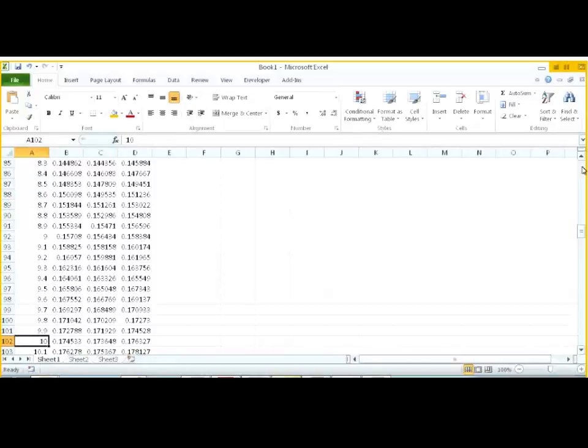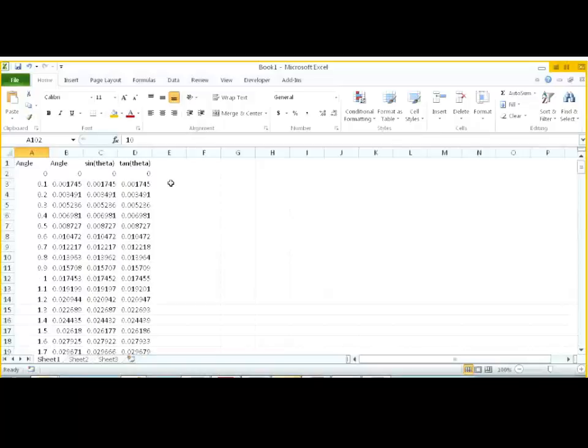Let's just actually figure out what the percentage is. So to find the percent difference for sine, so say sine difference and tangent difference, all you have to do is you take, and we'll assume that we use the angle as the basis for the denominator.